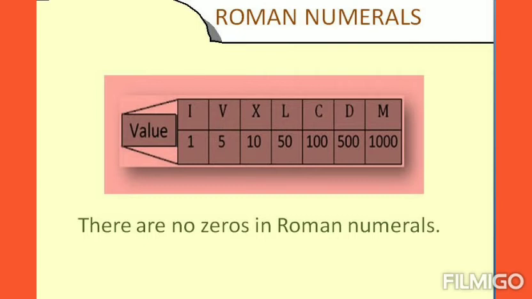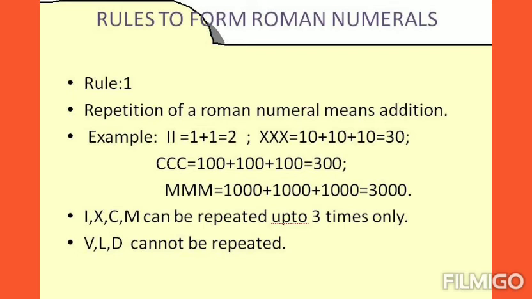These letters are called Roman numerals. They are using it to represent the numbers. I represent 1, V represent 5, X represent 10, L represent 50, C represent 100, D represent 500, M represent 1000. But there are no zeros in Roman numerals. They are using these combination of letters to represent the numerals.